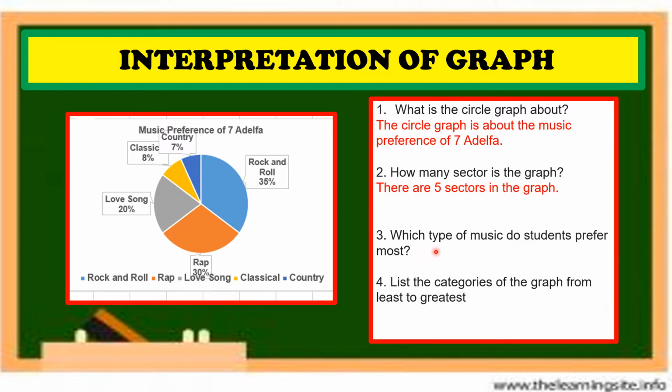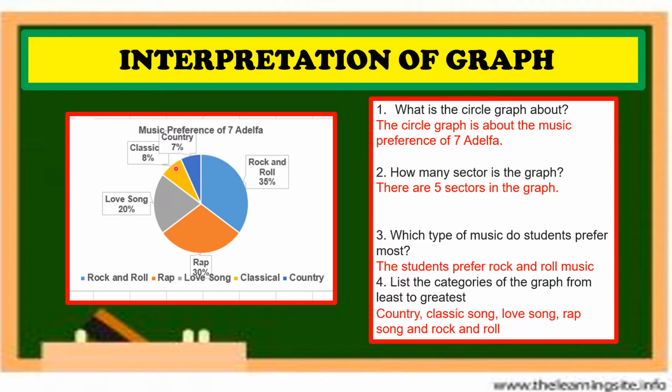Number 3, which type of music do students prefer most? So our answer is students prefer rock and roll music. Number 4, list the categories of the graph from least to greatest. We have country, classic, love song, rap, and rock and roll.